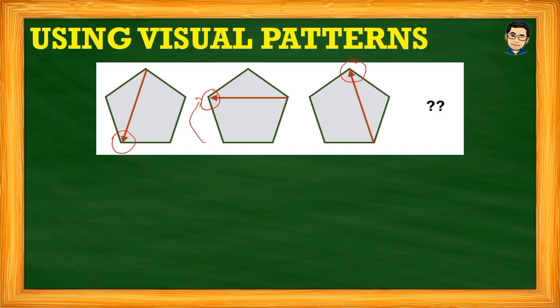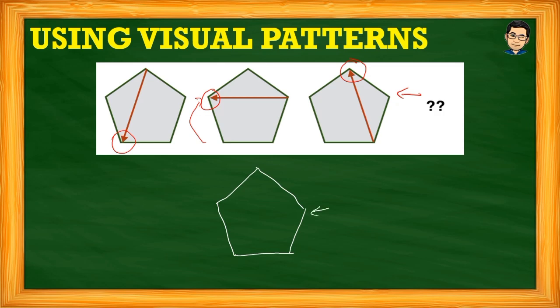Paano natin malalaman kung ano ang direction niya sa susunod na figure? Natural, ito pong kasunod niya. So, drawing tayo ng pentagon, and then drawing natin yung arrow dito.